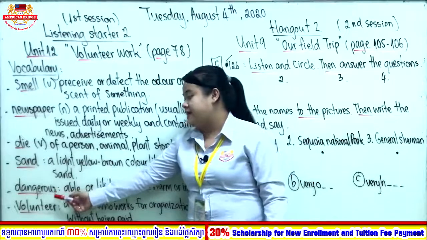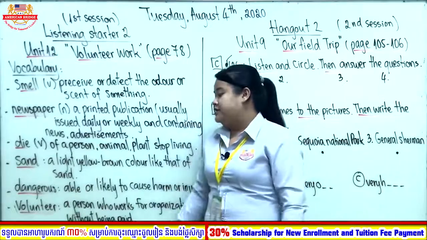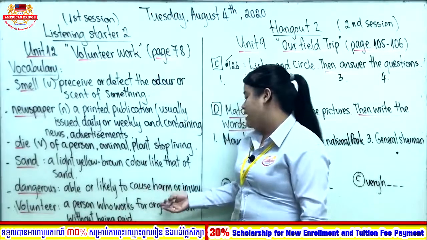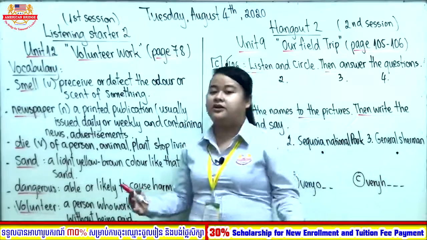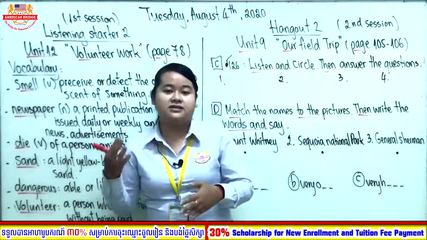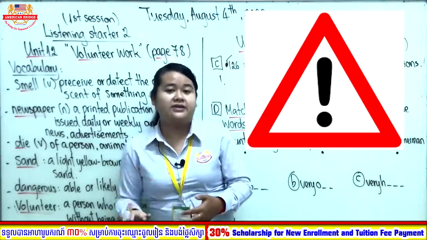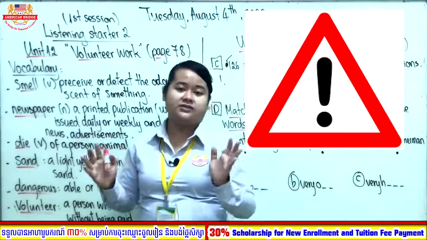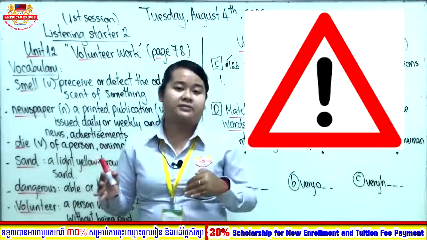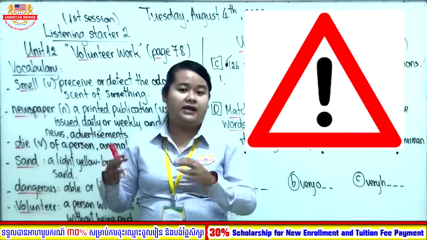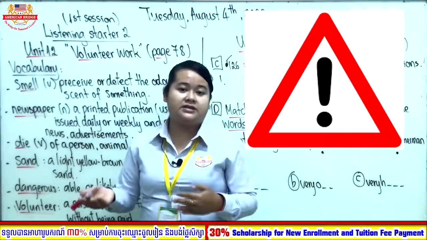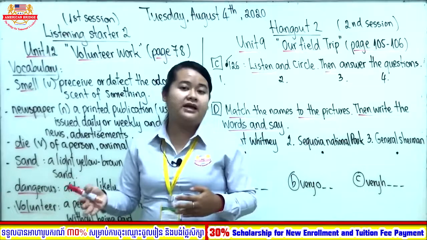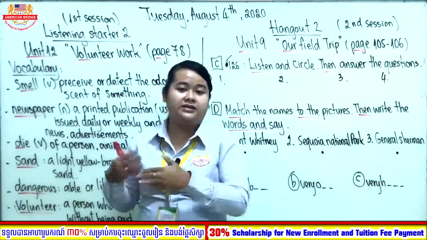Okay, so this one is dangerous. Dangerous is able or likely to cause harm or injury. As you know already, dangerous is a word that is so scary, right? When they put up a sign like dangerous, it's like you cannot go there because there is a lot of something that can make you get harmed, so you cannot go there or enter there.